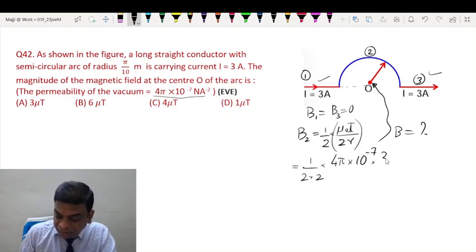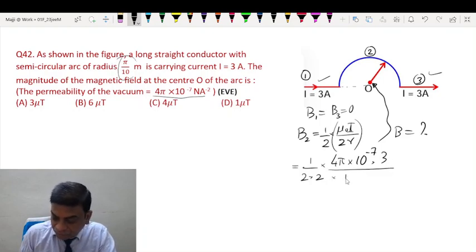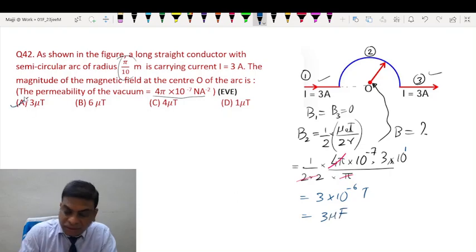Current is 3 amperes and the radius is pi by 10. So let us cancel, 4 pi gets cancelled. Then we are left with 3 into 10 to the power minus 7 plus 1, that is minus 6 Tesla, which is 3 micro Tesla. So the correct option is the A option.